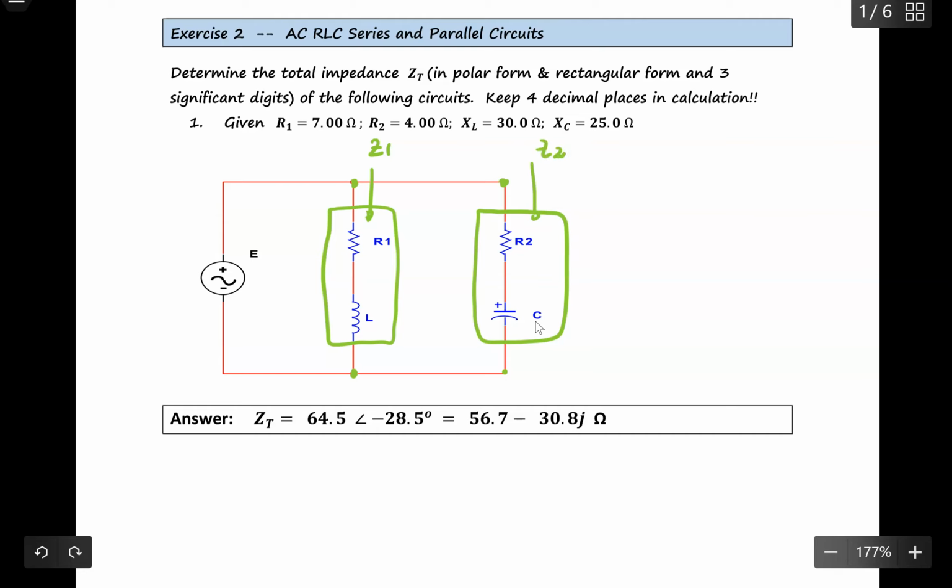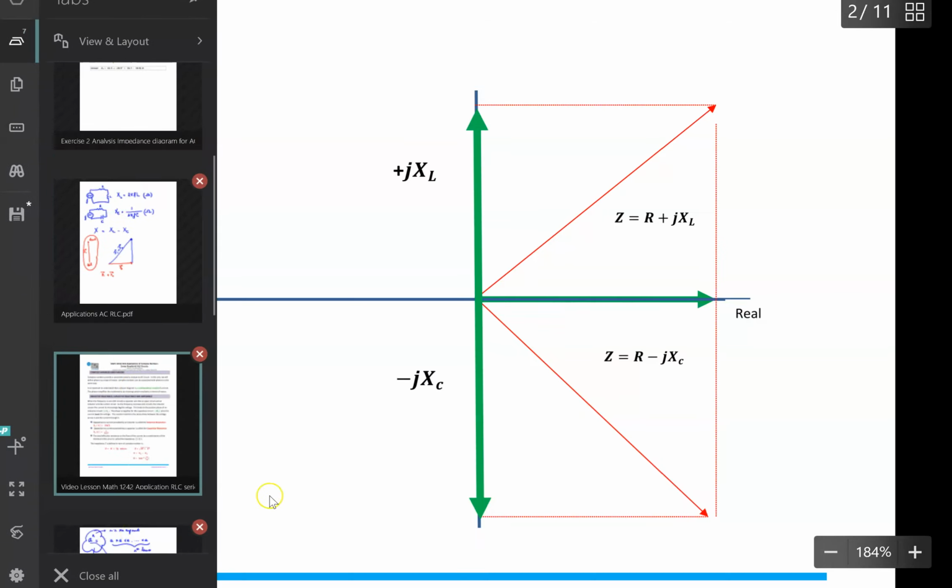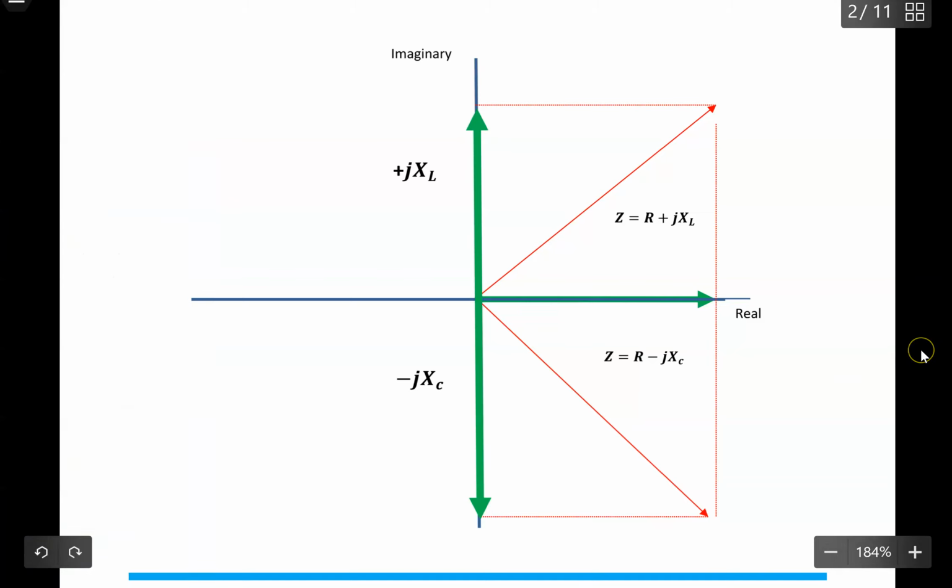Okay, so let's go back and review the concept of mathematical models representing this type of circuit. Let's go back to the previous handout that I provided in the previous lesson. You want to find the impedance for the two components connected in series in terms of the phasor.